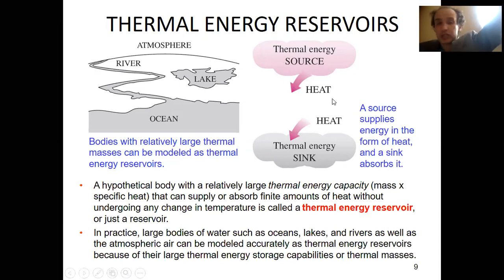Like you take heat from the sun, or from a furnace, or from a baking device, or from a heater, whatever. And also there is the concept of a sink. It's something where you release heat. If the room is very hot and you want to release this heat, you open the window and heat goes out. That is what we call a cold reservoir or sink. Okay? Does it make sense?